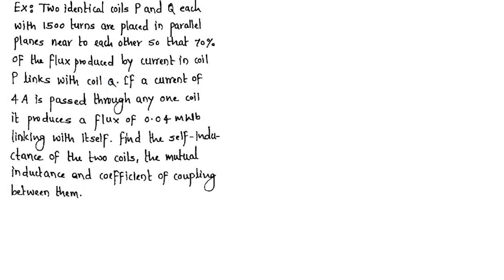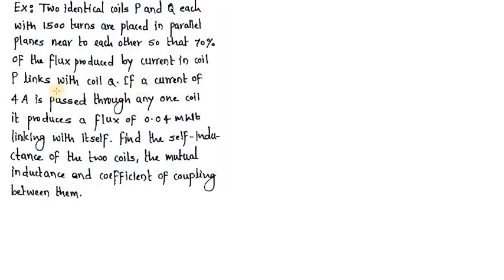So whichever coil carries current, 70% of the flux produced by that coil is going to link with the other coil. This is because the two coils are identical in all respect.